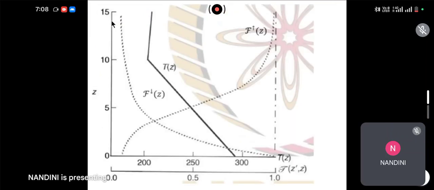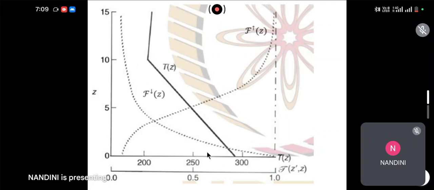So this basically shows the x-axis, the first one shows the temperature, and the y-axis shows the height of the atmosphere, and F with upward arrow is the upward going infrared radiation flux, and F with the downward arrow is the downward going. We know that there is upward going infrared flux.